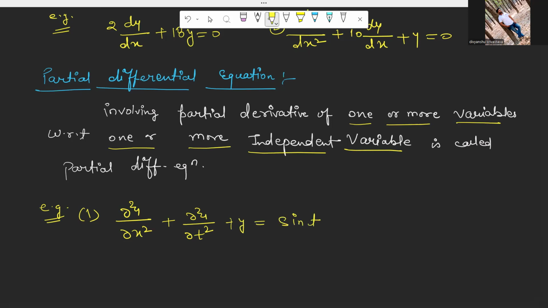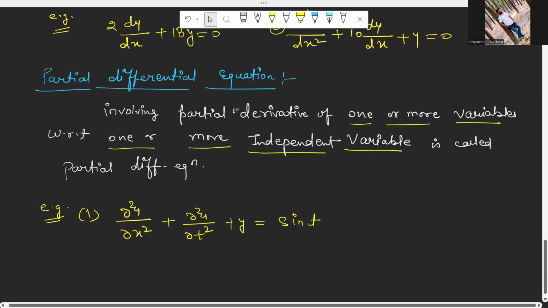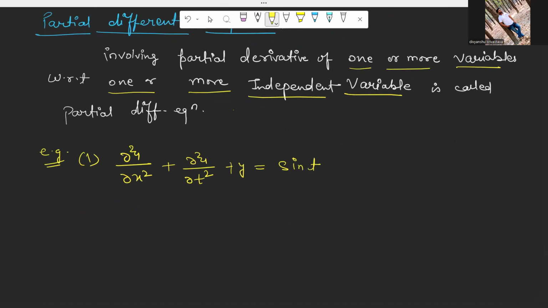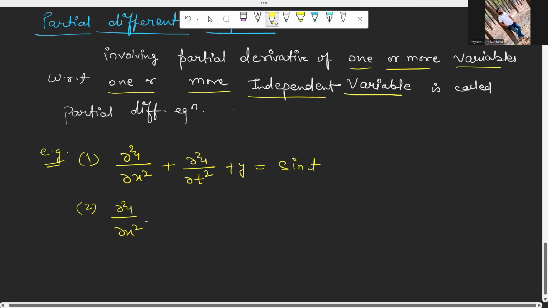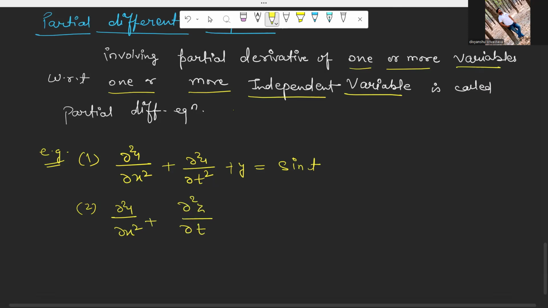Now come to the second example: del 2u upon del x square plus del 2z upon del t square plus del z upon del x equals cos x.